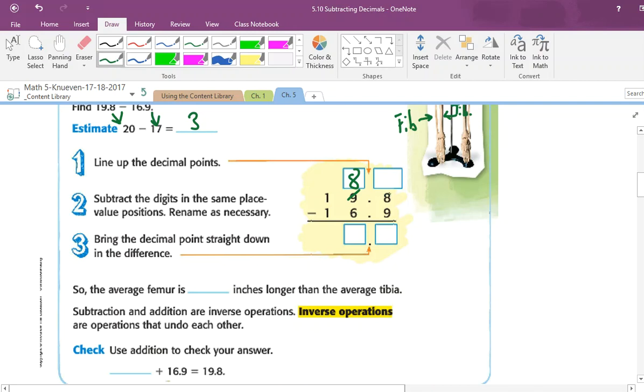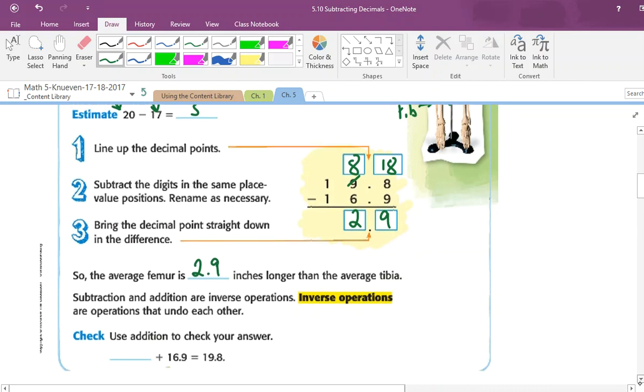So this 8 now becomes 18. Now I can take 9 from 18, which is 9. I can take 6 from 8, and that leaves me 2, and then 1 and 1 leaves me with 0. So the average femur is 2.9 inches longer than the average tibia.